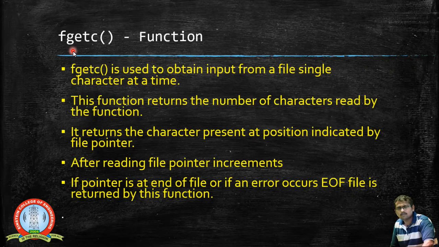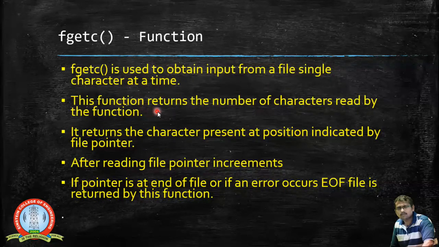Other than that, both functions are the same, and are used to obtain input from a file, where a single character is read at a time. It also returns the character read by the function.